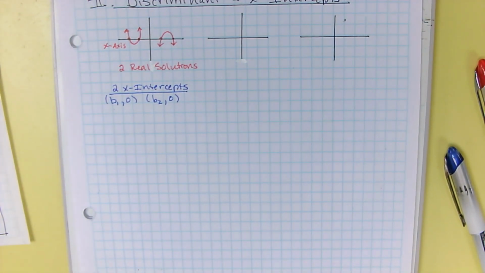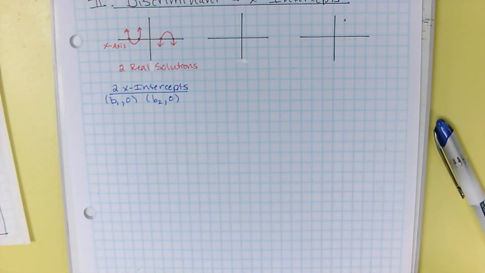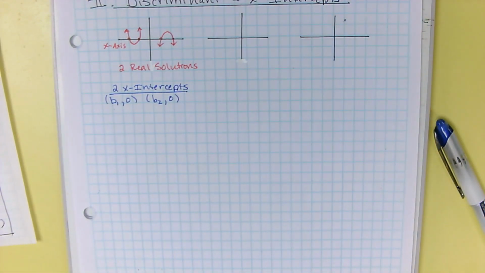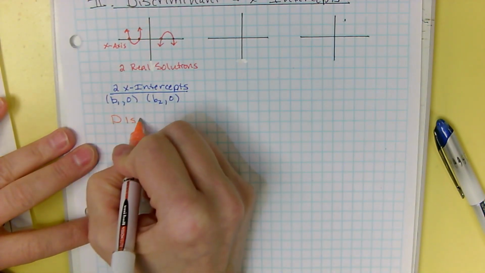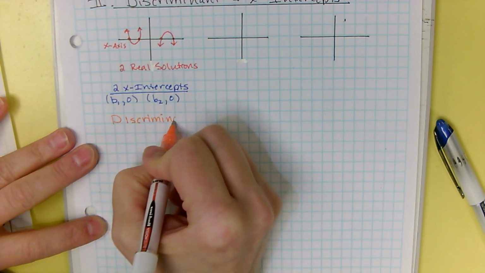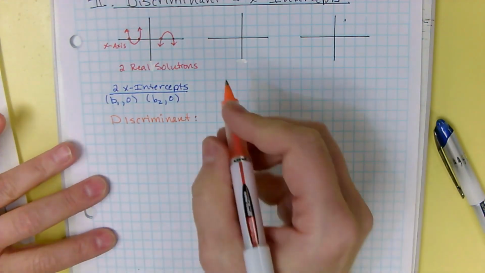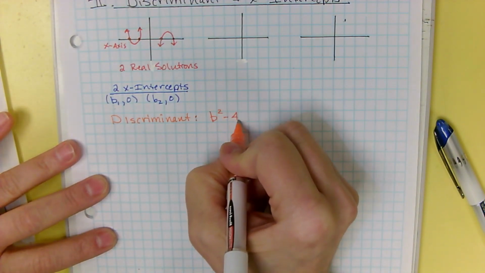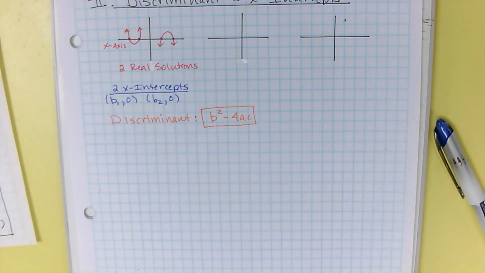Now, if all you want to know is how many solutions there are and what type, but you don't actually need to know the solutions, one shortcut to doing that is to use what's called the discriminant. The discriminant is the part that's under the radical, the b squared minus 4ac, but no radical, just the interior parts.